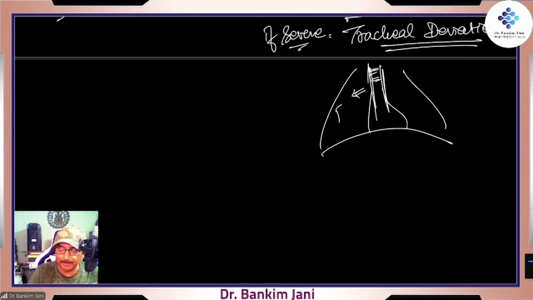When there is fibrosis, the trachea will be pulled towards the side of fibrosis. Because fibrosis is when the tissue dies and shrinks, so it pulls the trachea towards it.